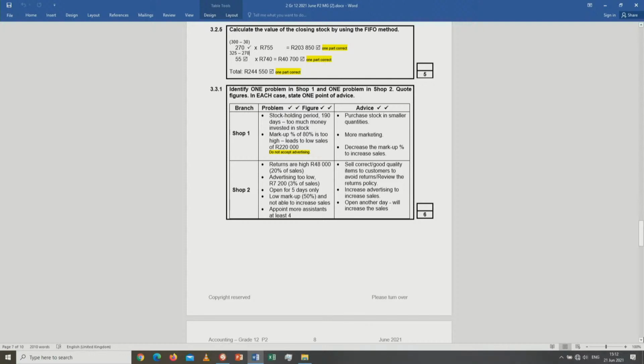Appoint more sales assistants, at least 4, because at the moment they only have 2. Advise, sell correct or good quality items to customers to avoid returns. Review the returns policy. Increase advertising to increase sales. Open another day will increase the sales. So 1 for the problem, 1 for the figure, and 1 for the advice, right?